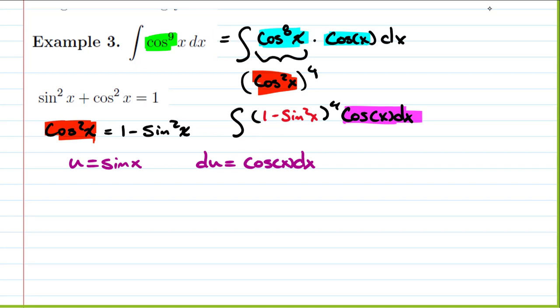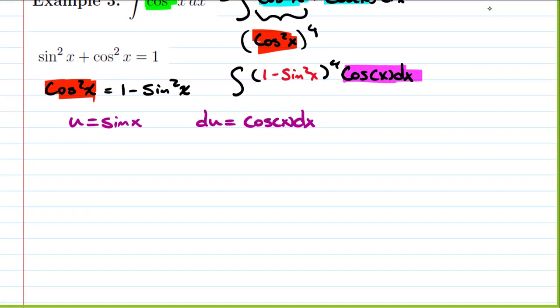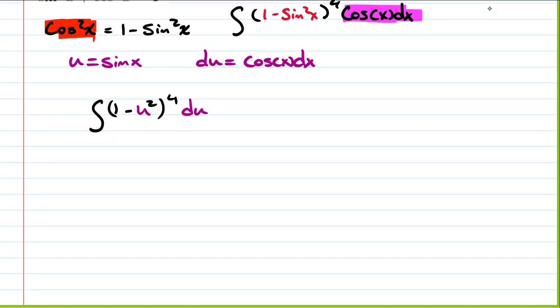So then we substitute all of this into our integral, and we get 1 minus u squared to the 4th times du. And this is what we're going to have to integrate. So now we're going to have occasion once again to use our binomial theorem, because what do we need to expand? 1 minus u squared to the 4th power.